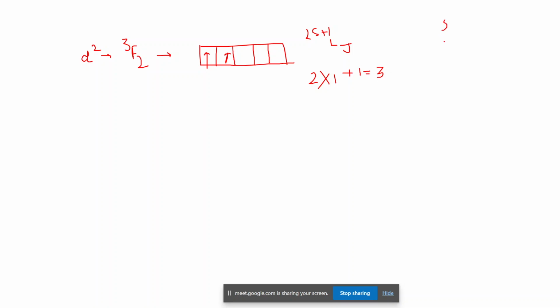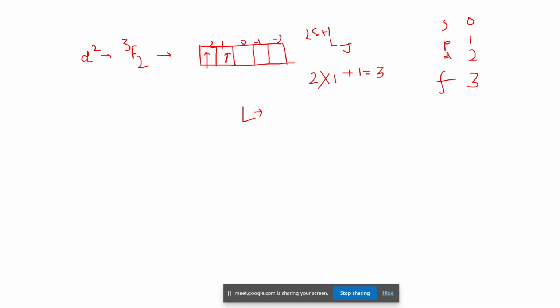You can know S, P, D, F, so 0, 1, 2, 3. For D, the L value is 2.